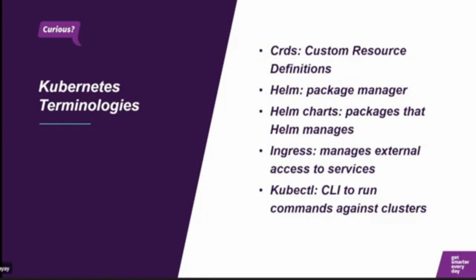Helm, an analogy if I have to give, is very similar to the NuGet package manager. If I wanted to use Newtonsoft JSON, for example, in my Visual Studio or Visual Studio Code, I don't need to refer to the DLL of Newtonsoft directly.